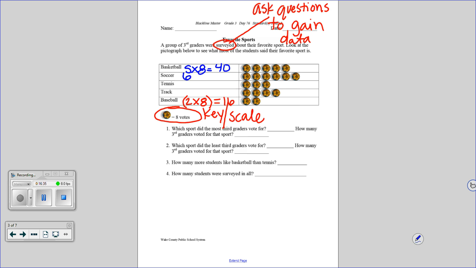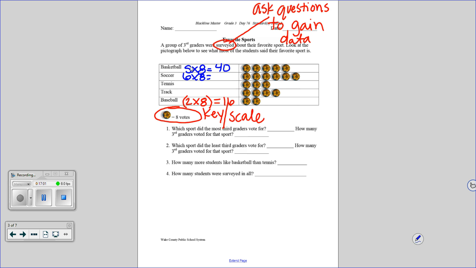6 times 8. You should be able to figure out that equation very easy because the equation before it was 5 times 8. If you know 5 times 8, how do I get from 5 times 8 to 6 times 8? Aiden? How do I get from 5 times 8 to 6 times 8?